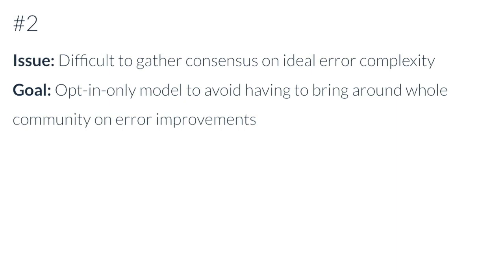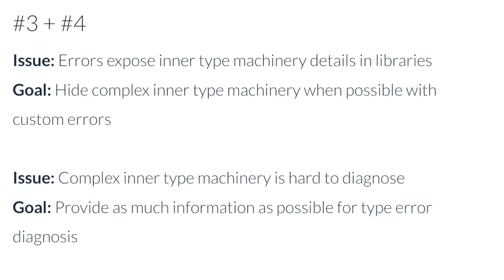And other people are going to want something filled with jargon that they're used to, that they can quickly skim and really get the details that they want out of it. So really the goal that I took away from that is that you want something like an opt-in only model to avoid having to bring around the whole community on a single error improvement before you do it. Then you've got issues 3 and 4, which have to do mainly with library implementation, right?